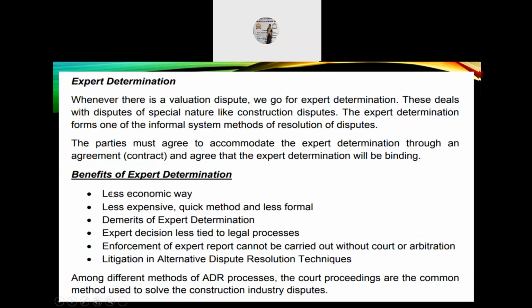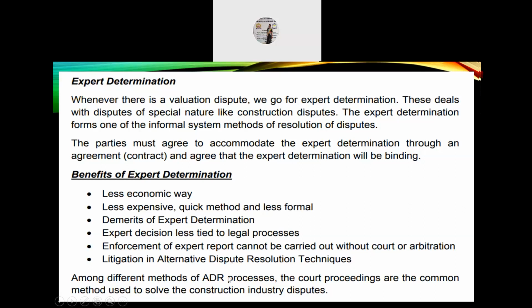The benefits are that it is a less expensive, quick method and less formal. The demerits are that the expert decision is less tied to legal processes, and enforcement of the expert report cannot be carried out without court.